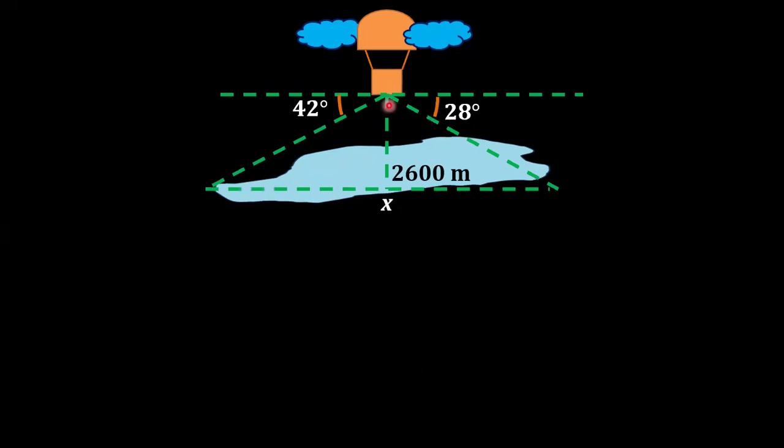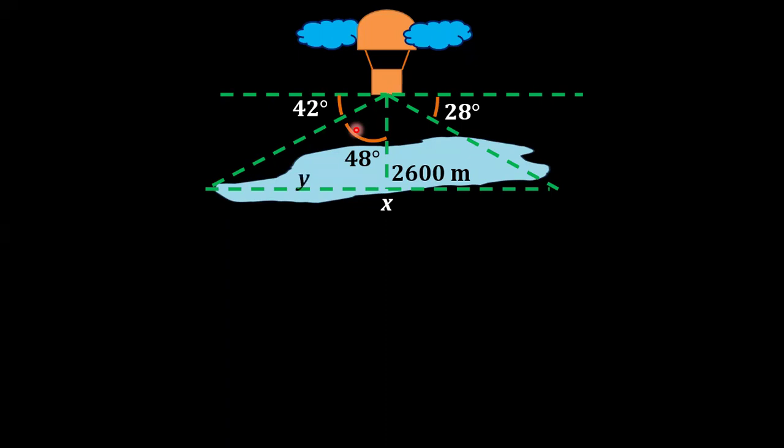Again, let's focus on the other half. So, this forms 90 degrees. If we already have 42 degrees, what is the complementary angle of that? What is the measure of this angle? This is 48 degrees. So we're going to find the length of the other half.